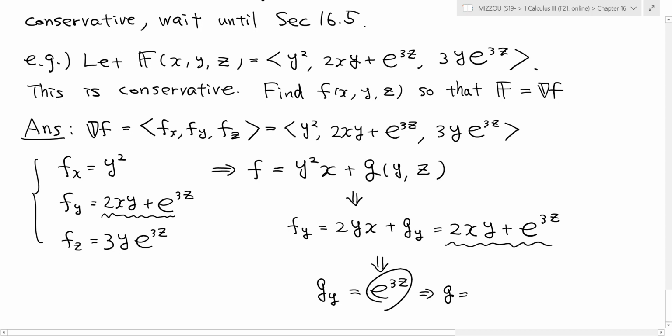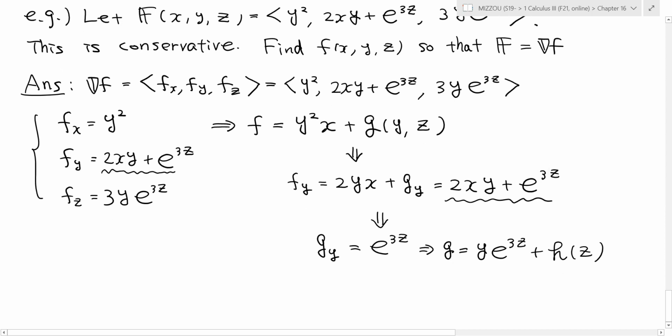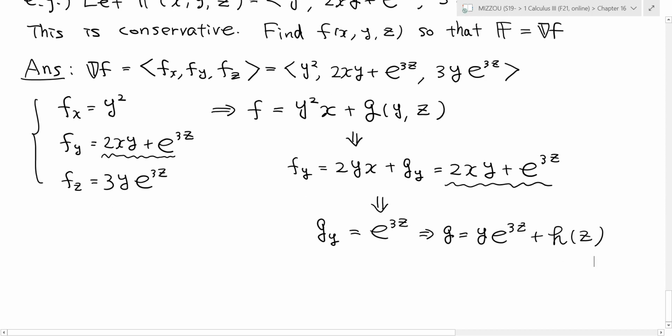So you get y e to the power of 3z, and then don't forget to add the constant of integration. But what's the constant of integration in this case? Well, for this procedure, we are viewing z as a constant. So that means what you're left with is a function of z, so h of z, for some h of z.